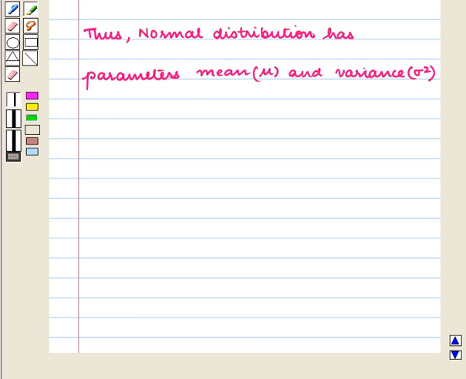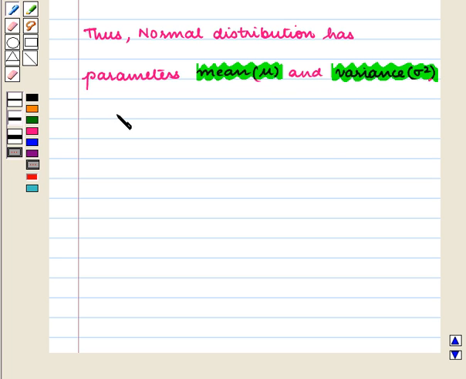Thus, normal distribution has parameters mean mu and variance sigma square, and we can write a random variable x follows normal distribution with mean mu and variance sigma square.